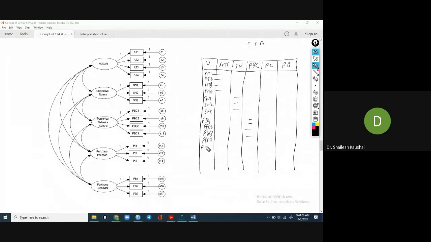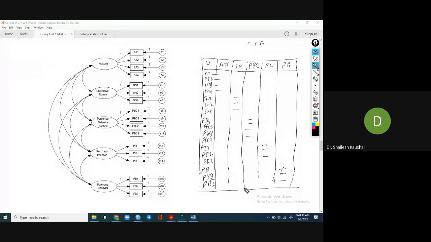And another component, purchase intention: PI1, PI2, PI3. These three questions are related to purchase intention, and three questions are related to purchase behavior: PB1, PB2, PB3. So only three questions.